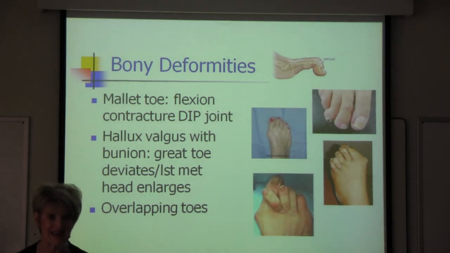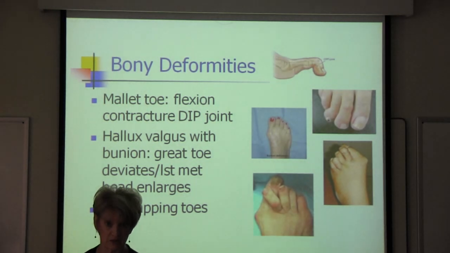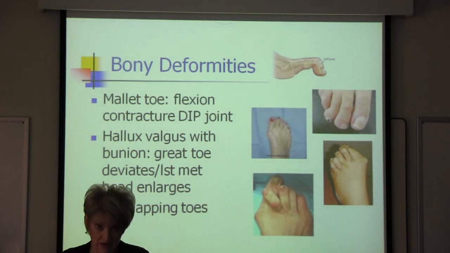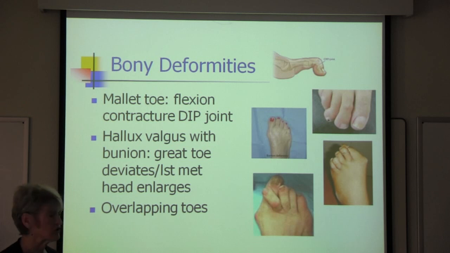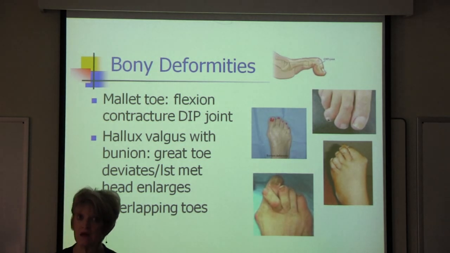Patients will frequently say, what can you do about my bunion bone? Nothing. I can show you how to protect it. I can talk to you about your footwear, but if you want that bunion corrected, it's a surgical procedure to correct the bunion.